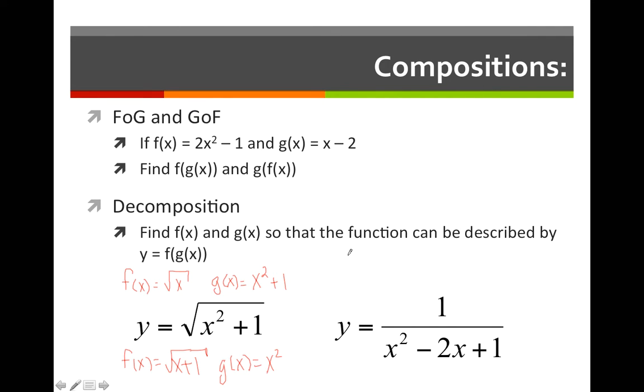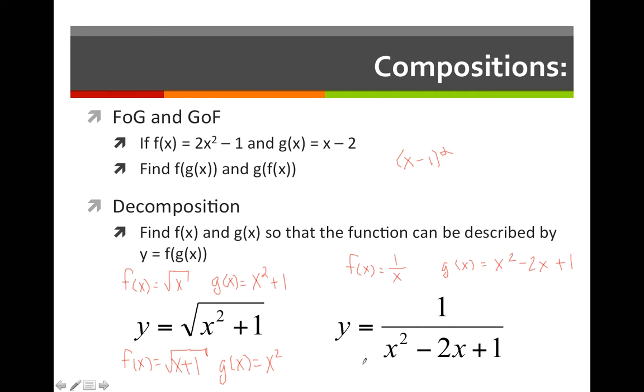Likewise, for the second function, I could say the outside function is 1 over x, and the inside function is whatever this thing is in the denominator, x squared minus 2x plus 1. And again, that's obviously not the only thing we could have done. You could notice, and this one's a harder one, that x squared minus 2x plus 1 is actually x minus 1 squared.